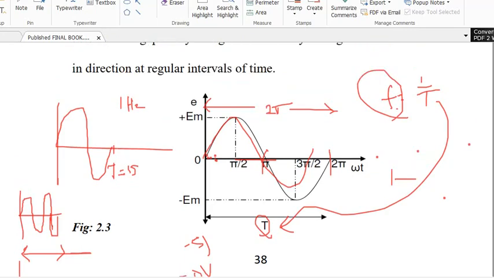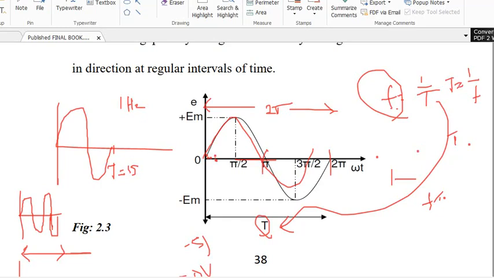What will be your frequency? Tell me the frequency then. It is nothing but f is equal to 1 by T.